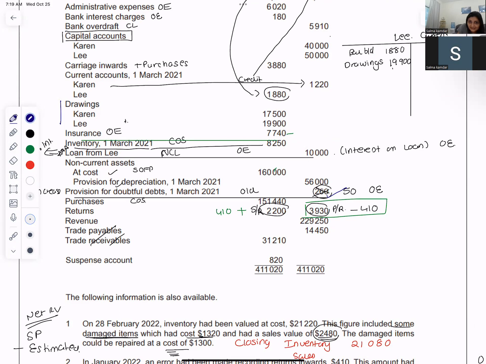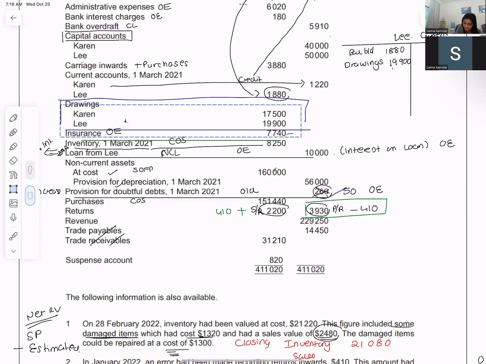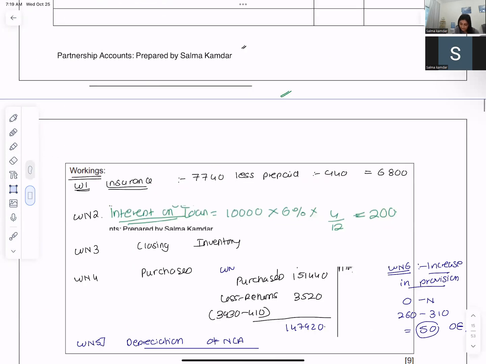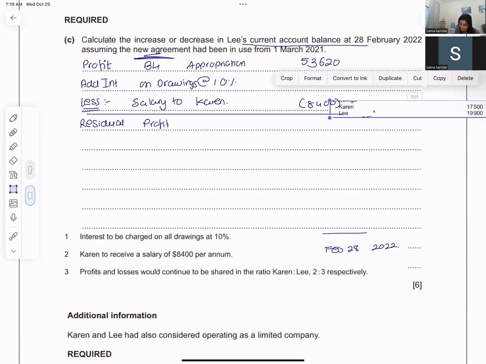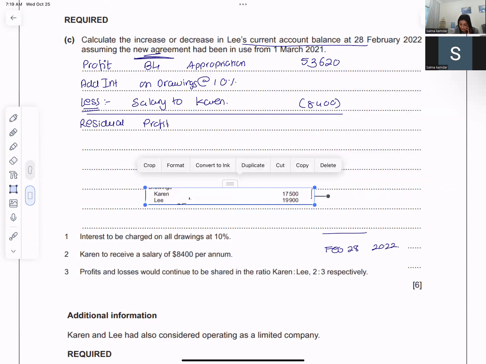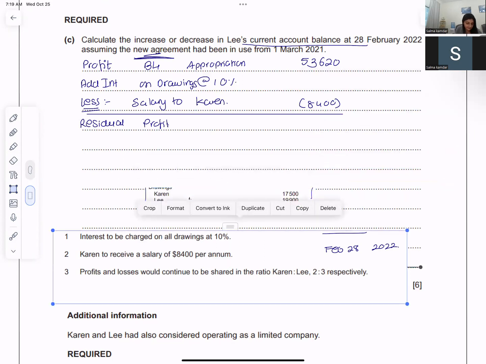And what is the interest on drawings that they want to charge?